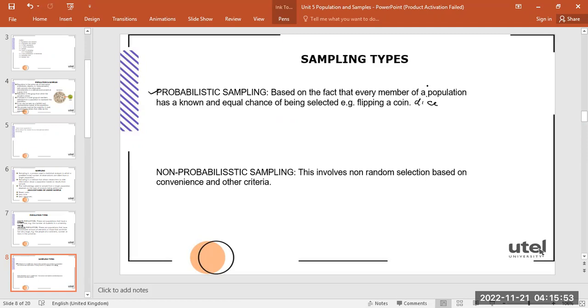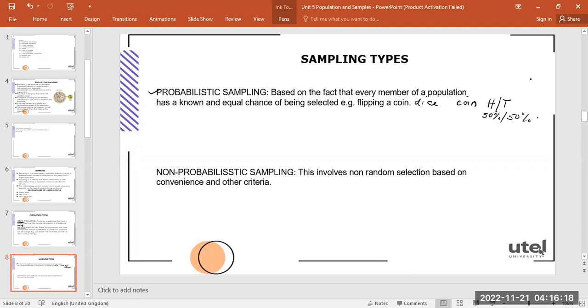In the case of flipping a coin, you know that a coin can fall either with head or with tail. The probability of a head turning out is 50%, while that of a tail turning out is also 50%.